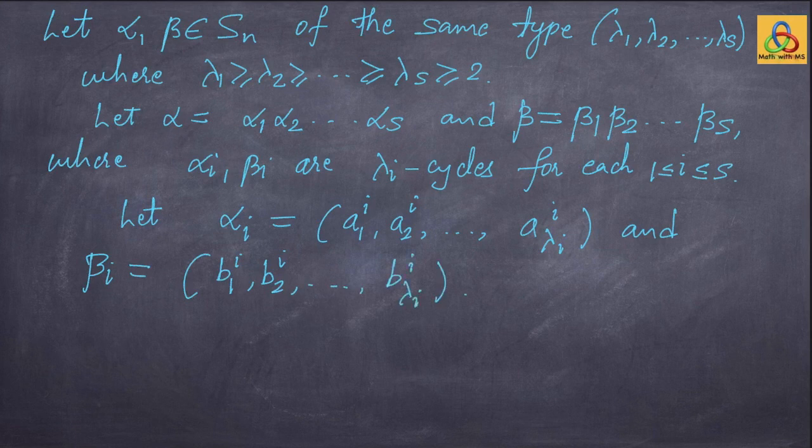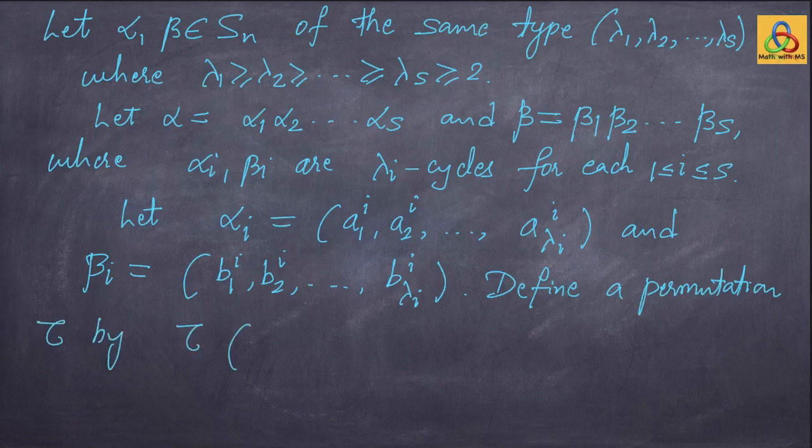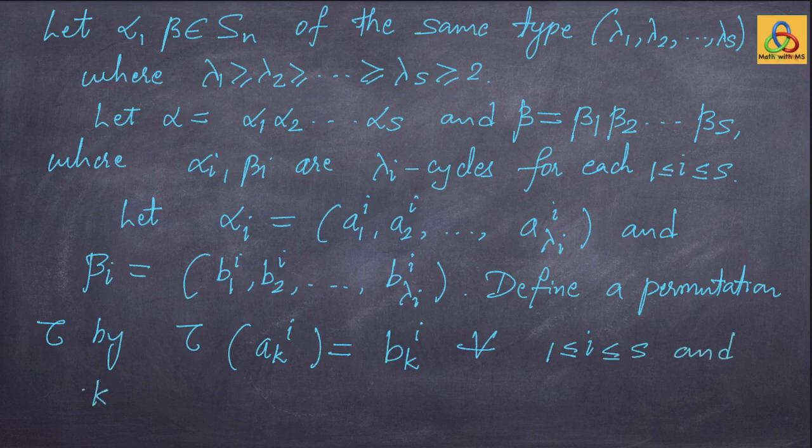To show that alpha and beta are conjugate, I need to find a permutation tau such that tau alpha tau inverse is beta. So define a permutation tau by tau of any a k i is simply the corresponding b k i, for all i bigger than or equal to 1, less than or equal to s, and for each k bigger than or equal to 1, less than or equal to lambda i.